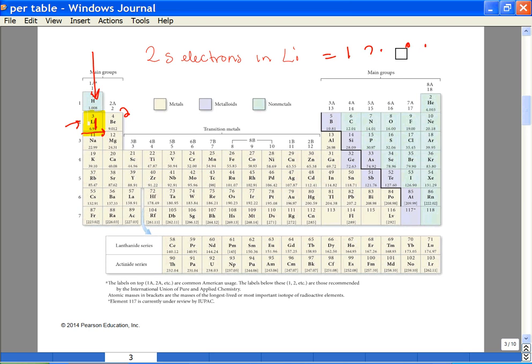The next one asks us to tell the number of 3D electrons in copper. So we simply find copper.